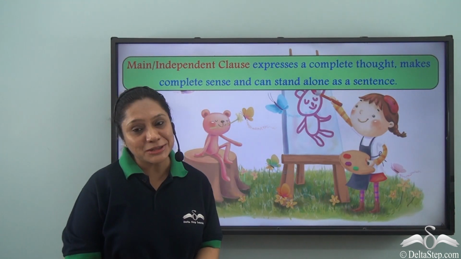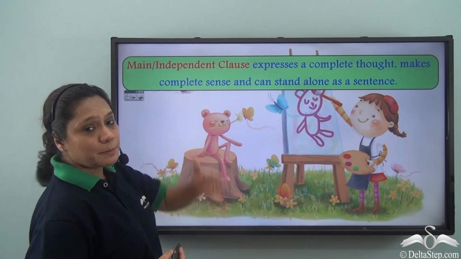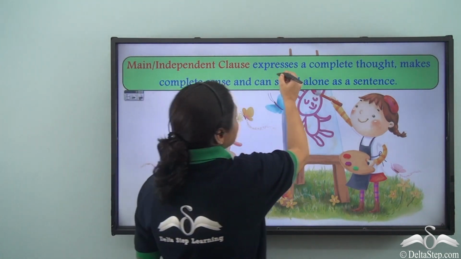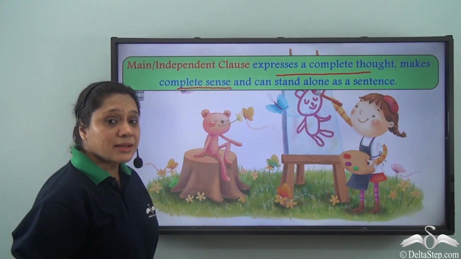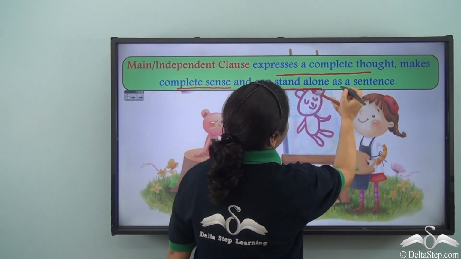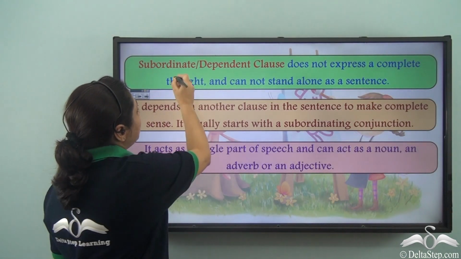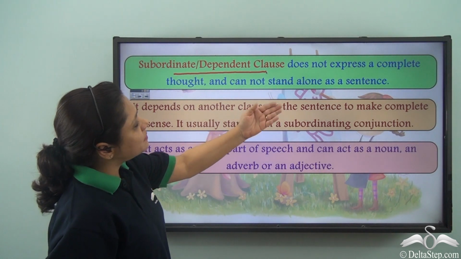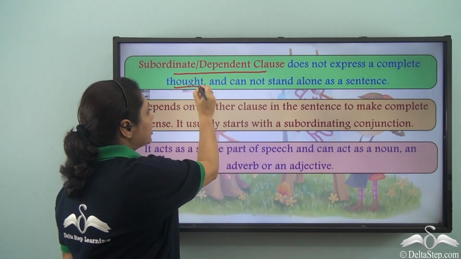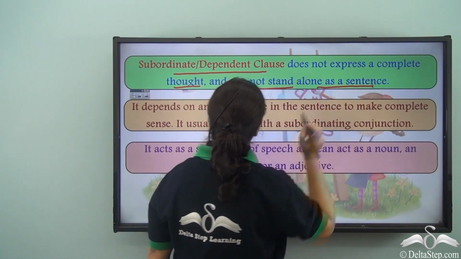So what have we learnt today? We have learnt that a main or an independent clause expresses a complete thought, makes complete sense and can stand alone as a sentence. Whereas the subordinate or dependent clause does not express a complete thought and cannot stand alone as a sentence.